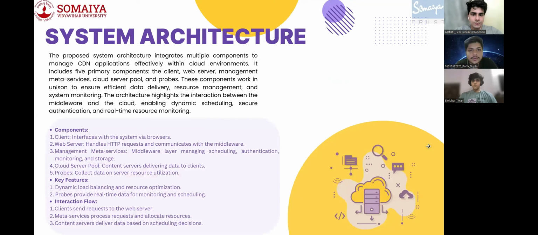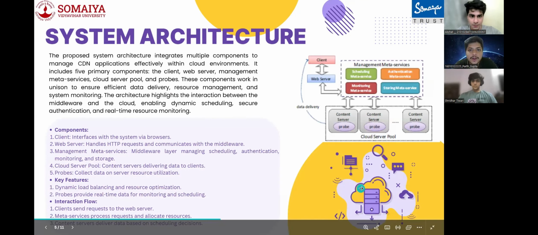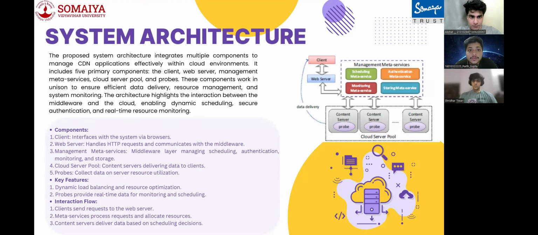Now I'm going to tell you about the system architecture. Our proposed system architecture consists of five primary components working in unison. First, the client component that interfaces with the system via browsers. Second, the web servers that handle HTTP requests and communicate with the middleware.